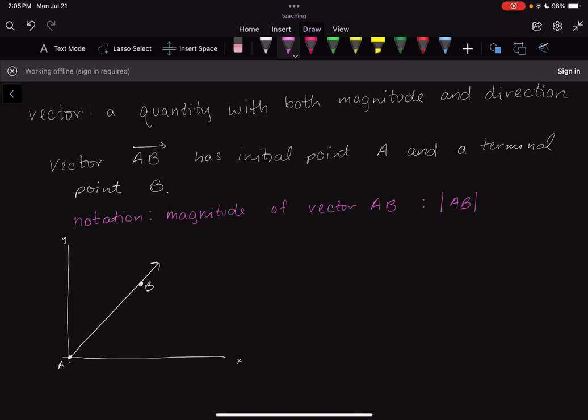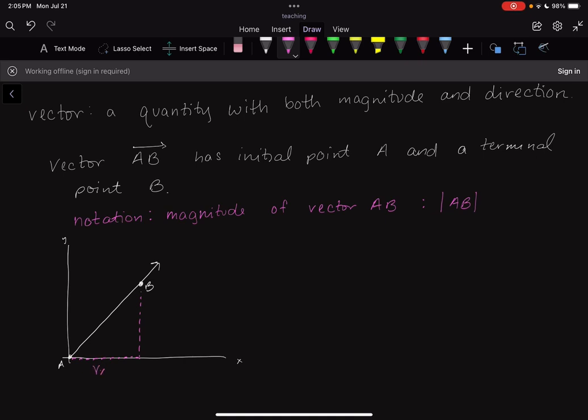We're going to find that there's some different ways that we can talk about a vector. One of the ways is by its x and y components. Just like with angles, you can make them into a triangle, and you can talk about how big their x is and how big their y is. We can do that with vectors as well.